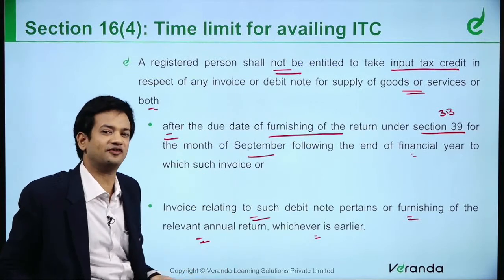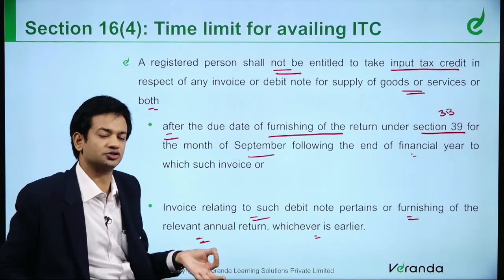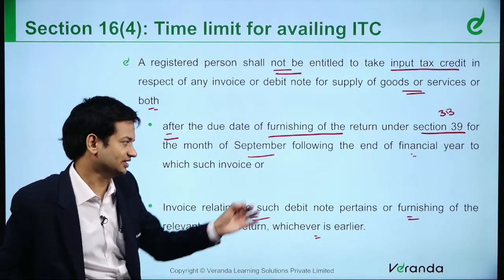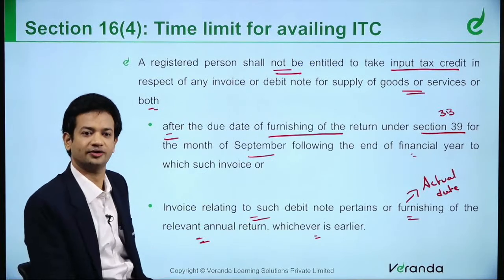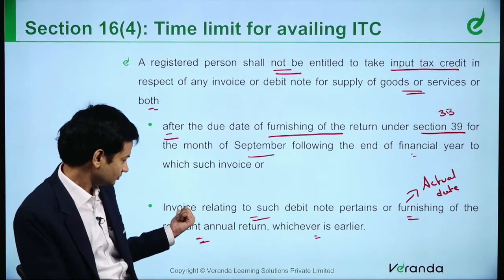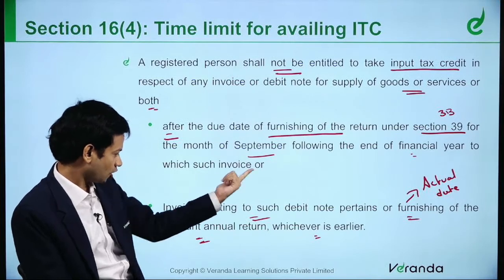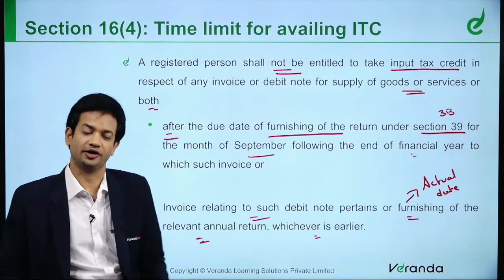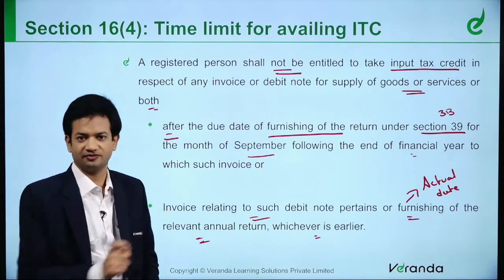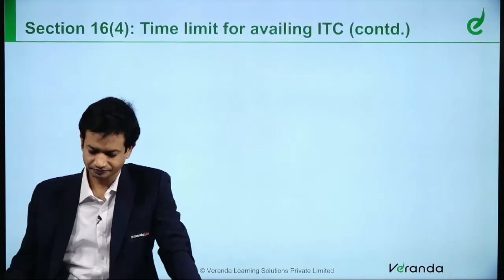So whether you furnish in August or December, the actual date of furnishing is taken. Now, one phrase here, or invoice relating to such debit notes, is the key which I will be discussing now.